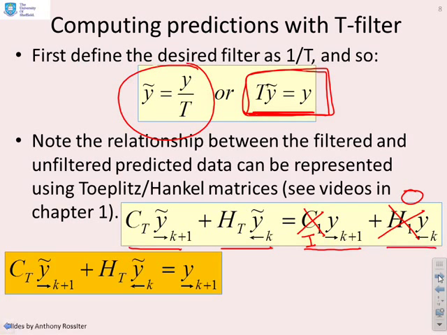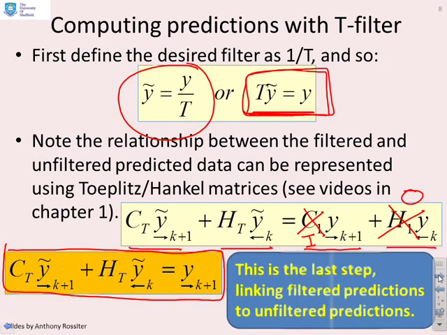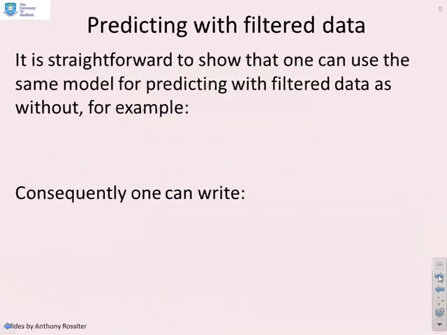So you can simplify this to the expression that I've put down here in the orange box, which is slightly easier to use. And this is the last step we had in our process. How do we go from filtered predictions to unfiltered predictions? So you can see in this expression here we've got a link between the filtered predictions and the actual predictions that we want. So that was the last step.